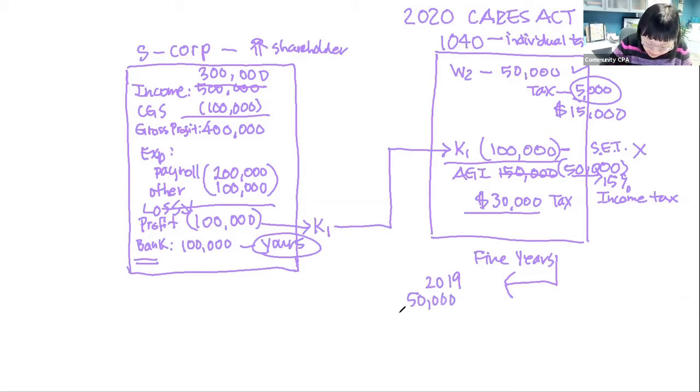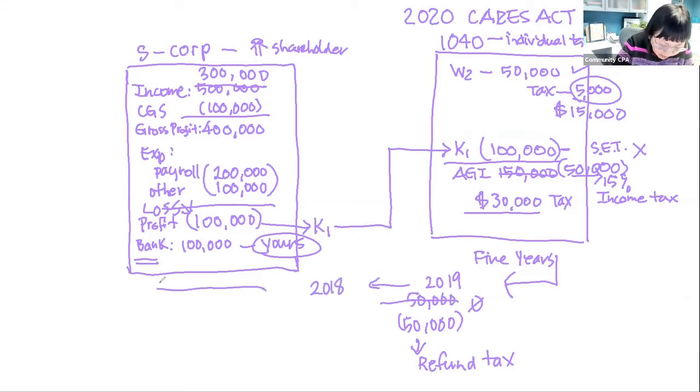Now you can come back, reduce your $50,000 from 2019, get the money you paid back, refund the taxes back to you. If in 2019 you didn't have any profit, you can go back to 2018. You can go all the way back to 2015 to find the profit and to get the taxes back.